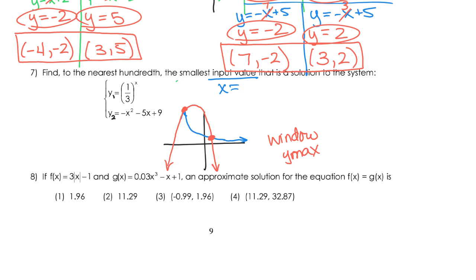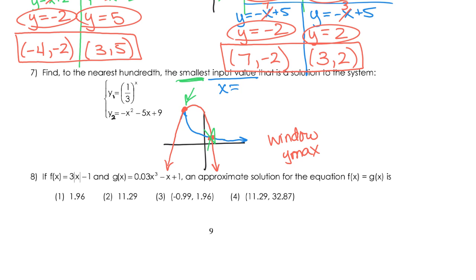Because they said the smallest input, the smallest x value is actually going to happen at this one, and I don't even care about this one. So I'm going to hit second, trace, and go down to intersect. I'm going to move the cursor to that intersection point that would have my smallest input, and hit enter 1, 2, 3 times.